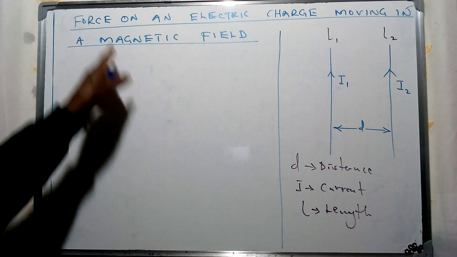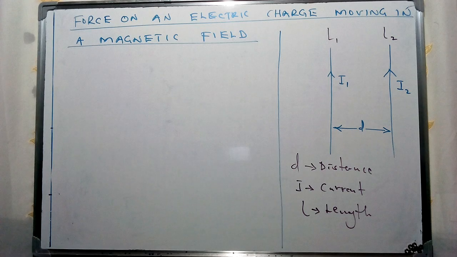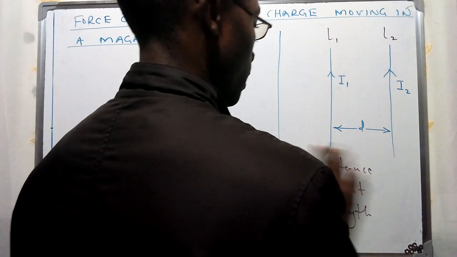Now for us, we're going to evaluate this force which we are going to be experiencing for the two wires due to the presence of each other, and of course the magnitude of the magnetic field which is going to be produced by each of those conductors. I can just give this one in terms of labeling as well.